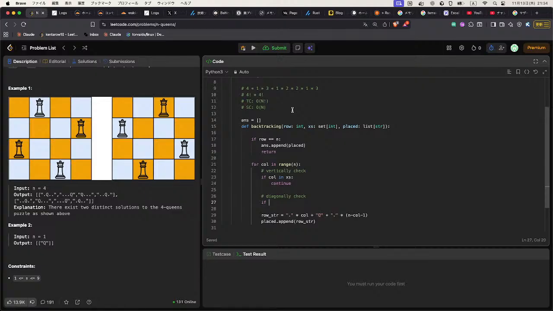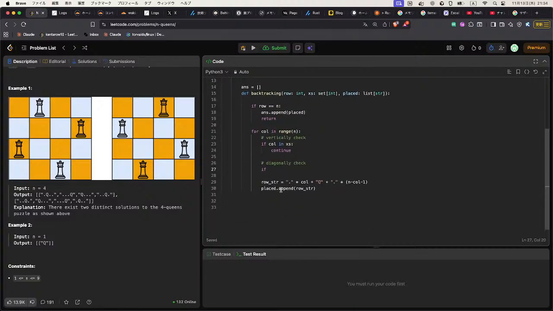Check here. So if the row is 0, we don't need to, right?